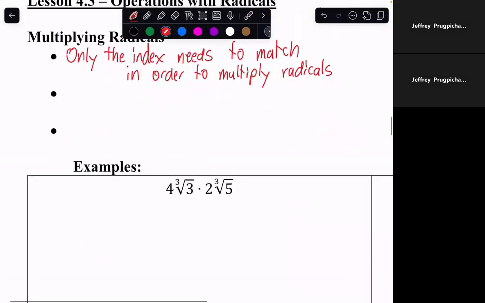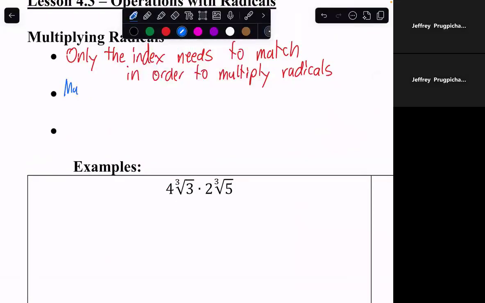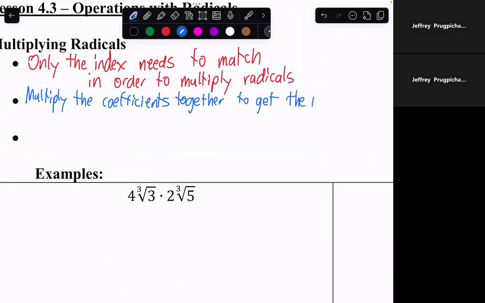Okay, so how do you actually multiply if you're allowed to? You take the coefficients of the two radicals and you multiply them together to get the new coefficient. And then similarly, you multiply the radicands together to get the new radicand.